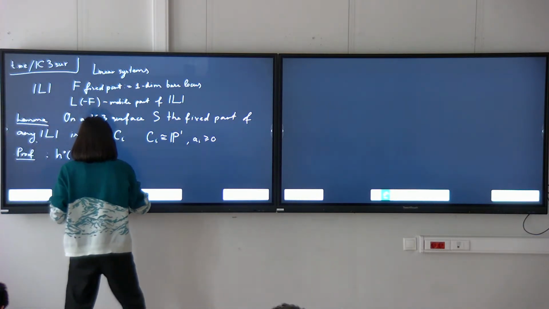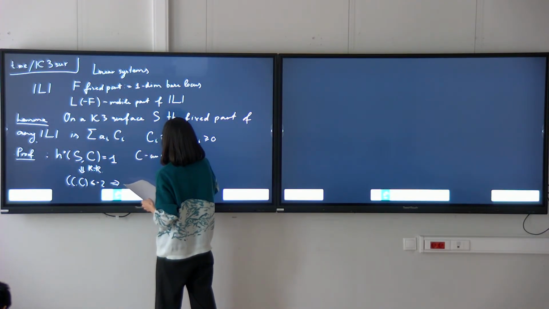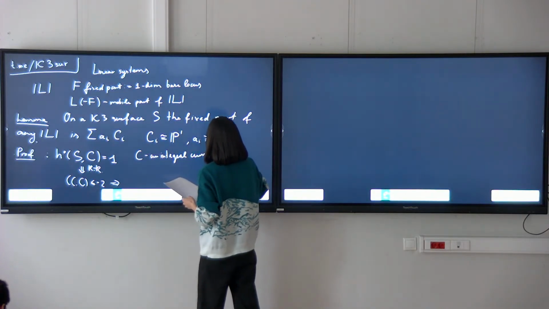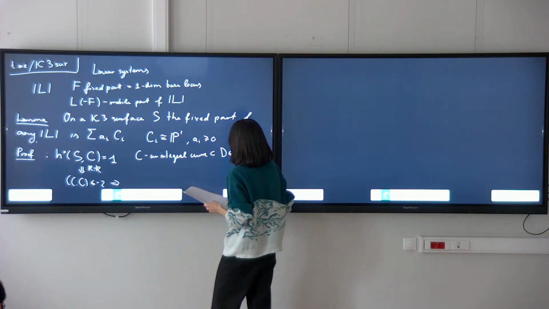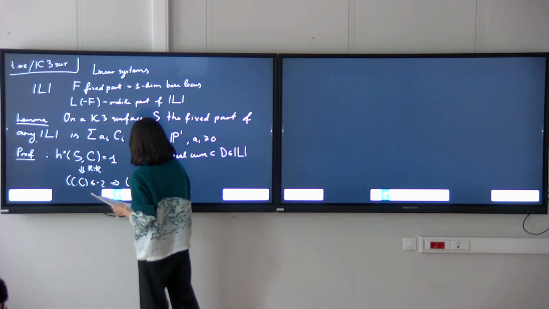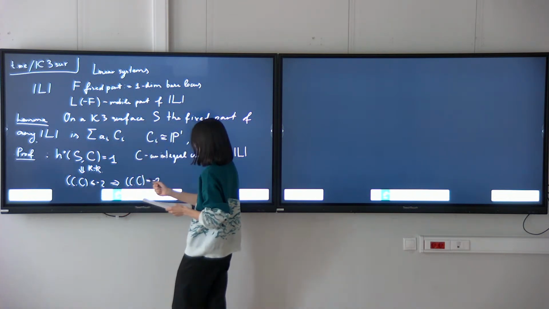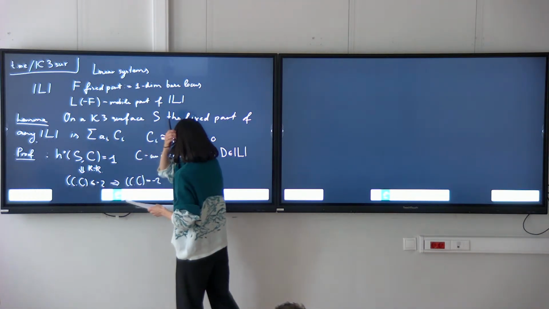And from this, and from the fact that C is an integral curve in a divisor from this linear system, we obtain that its self-intersection is equal to -2, because for an integral curve on a K3 surface, its self-intersection is always greater than or equal to -2.